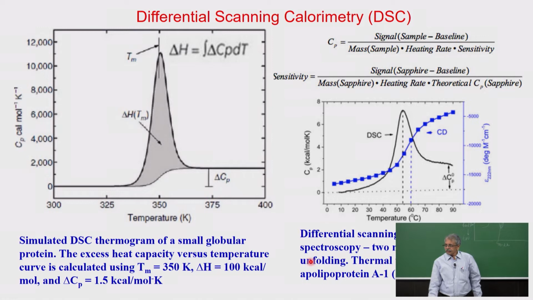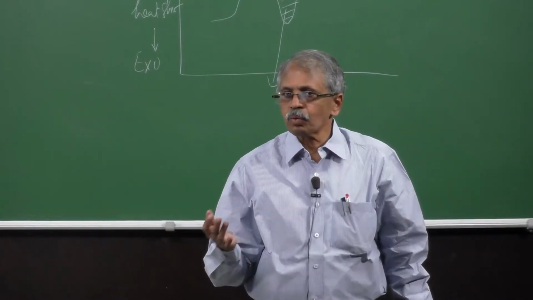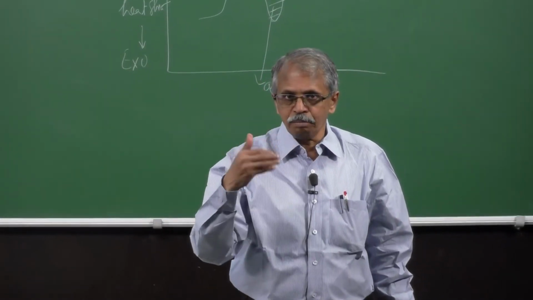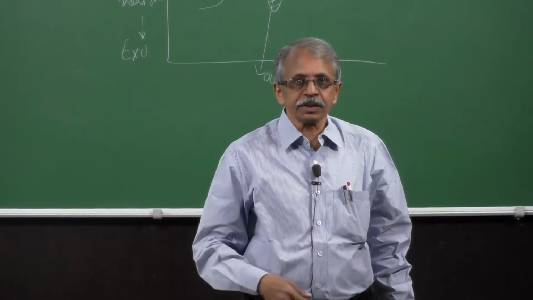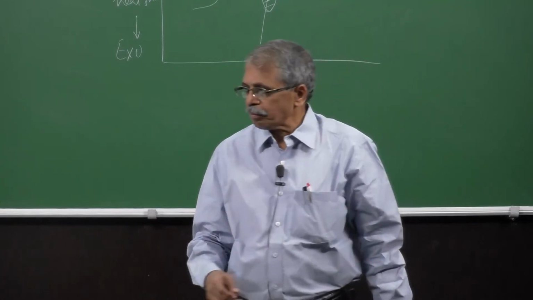Now, you can see that this is for protein unfolding. You can study it by differential scanning calorimetry. You can also study it by circular dichroism, which I have not taught to you. Probably I may not be teaching it in this particular course at all, which basically measures the optical rotation parameters of a sample at different temperatures.